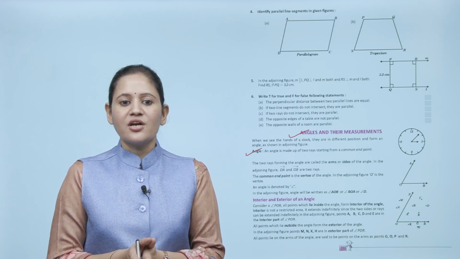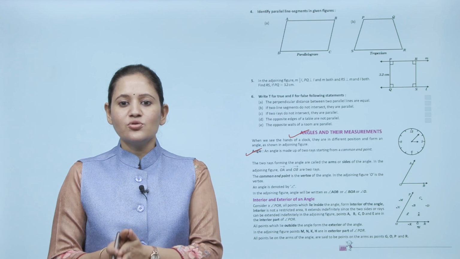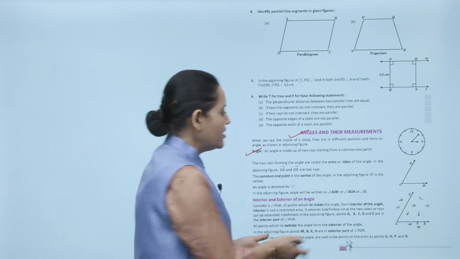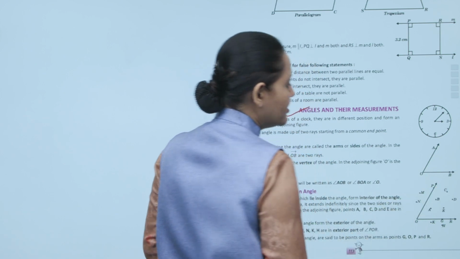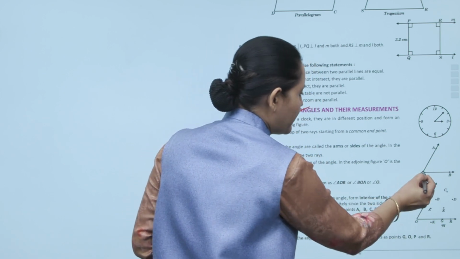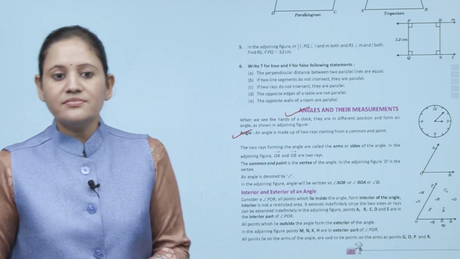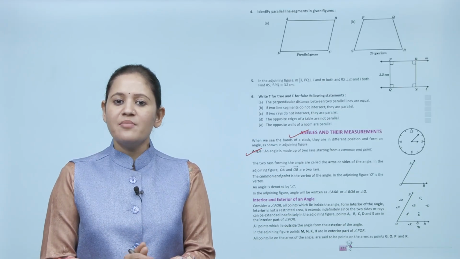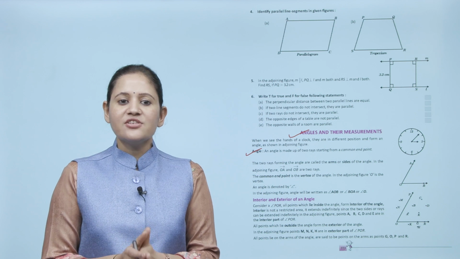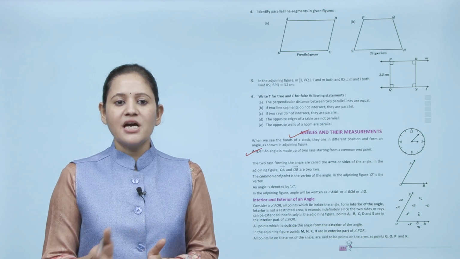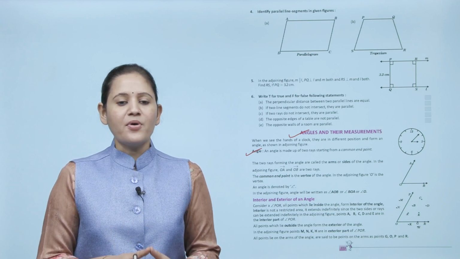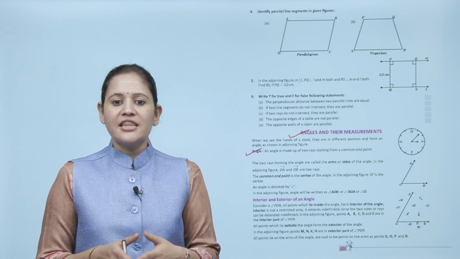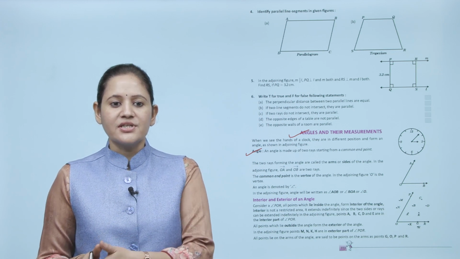In the adjoining figure, OA and OB are 2 rays, and this is their common vertex. The common end point is the vertex of an angle. In the adjoining figure, O is the vertex.